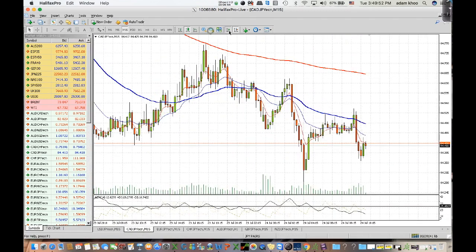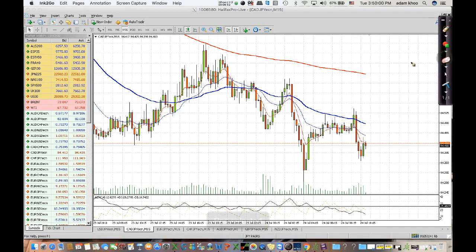Say for example, I find a setup on Canadian yen. I want to short Canadian yen because it looks like it is trending downwards. So I want to short Canadian yen.